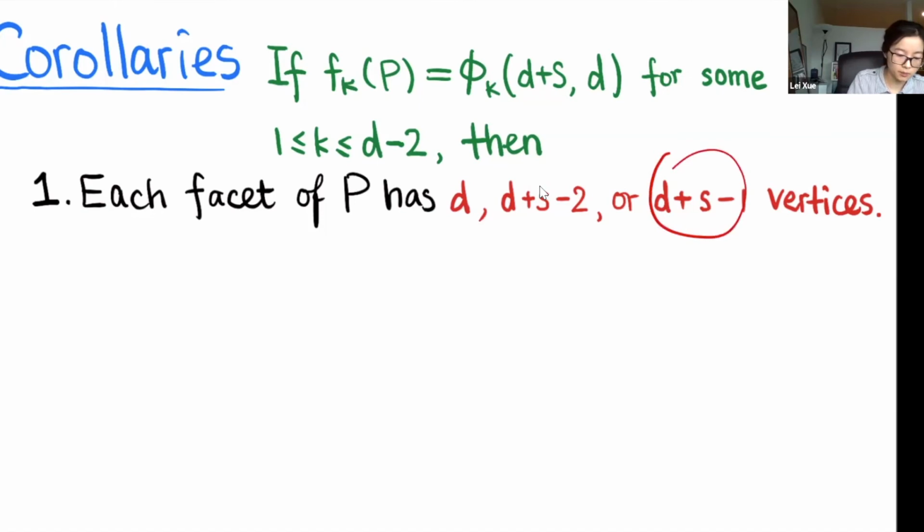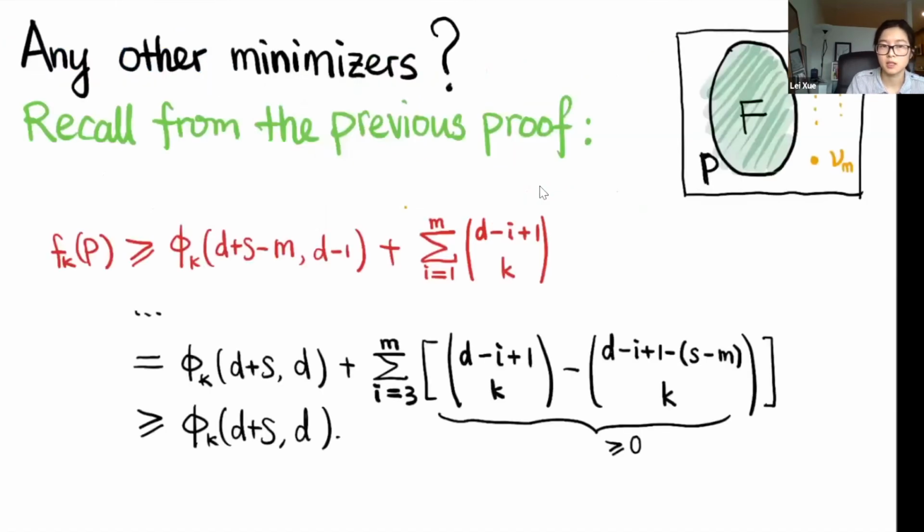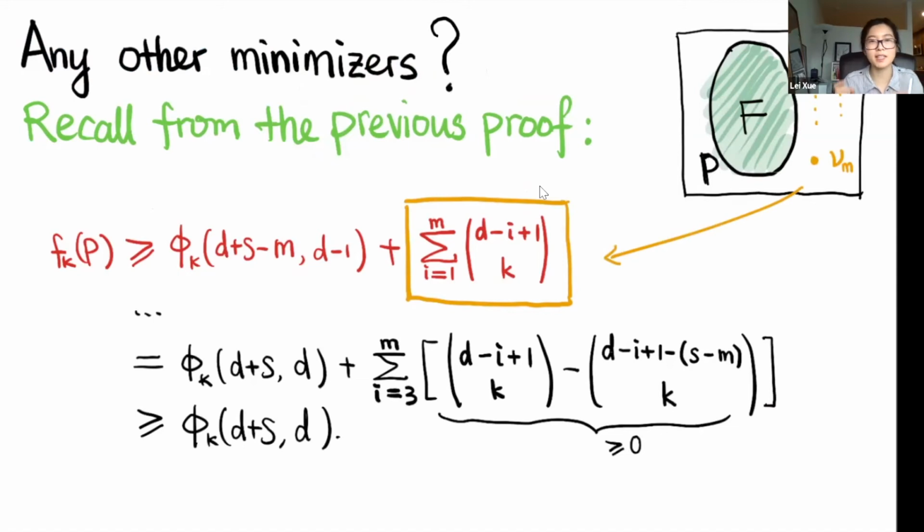Okay, now we look back to this inequality. For this inequality to hold as equality, we want this box part, which comes from the key proposition, to count exactly what we want in the key proposition, right? We want to go back even further to the proof of the key proposition and see when every inequality there holds as equality.